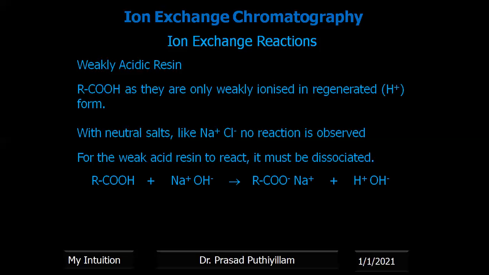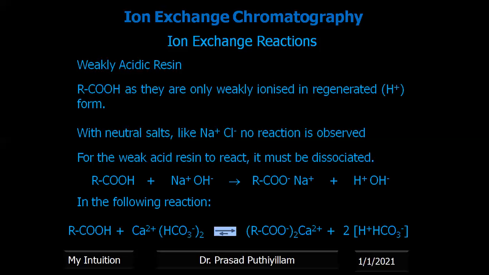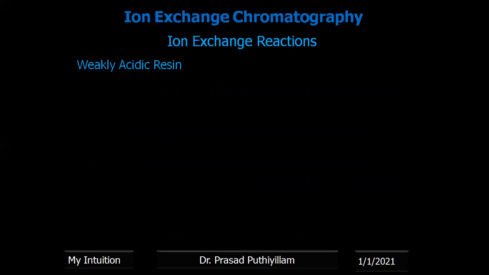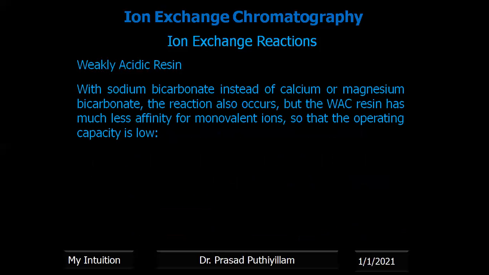Then the following reaction, RCOOH plus Ca2+, a divalent cation. The reaction is possible, and it is even a reversible reaction. But this weakly acidic cation exchange resin is not mainly used for hardness removal, because of the possibility of precipitating calcium carbonate.